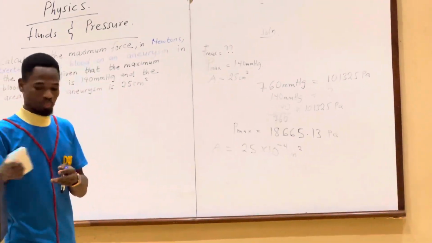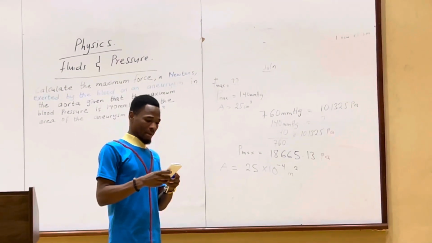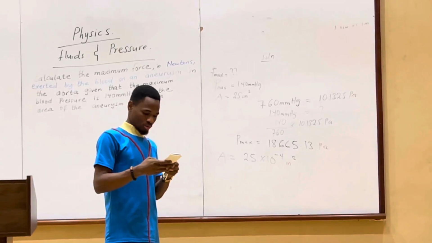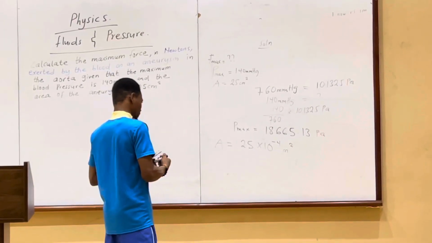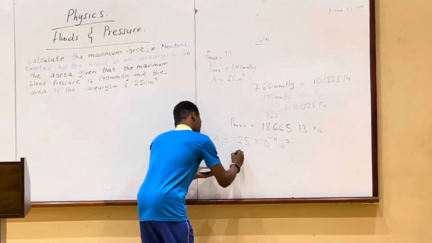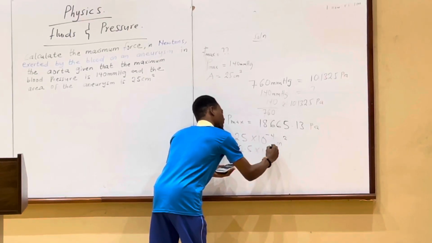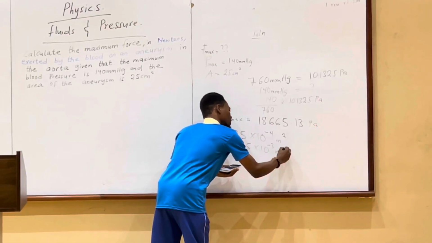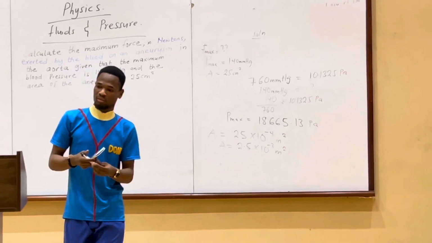So we have 2.5 by 10 to the power -3 meter square. And that is my area.